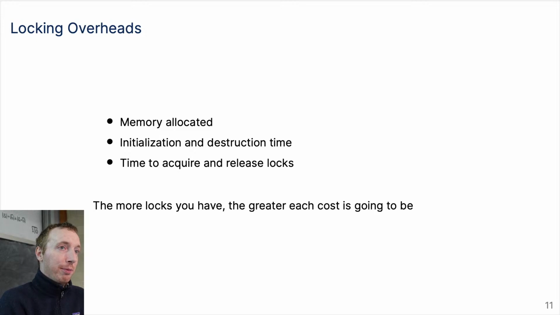Depending on how big your critical section is, the time to lock and unlock might dominate your critical section. In which case the cost would be significant and you might need to rethink what you're doing. And the more locks you have, the worse it's going to get, because this is times the number of locks you have.